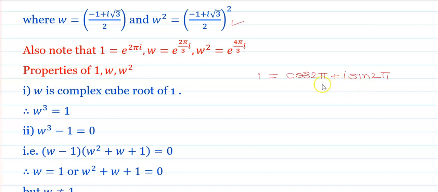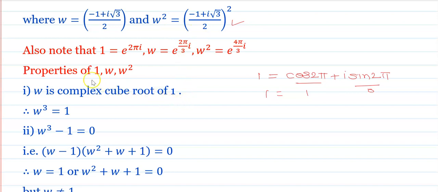The value of cos of 2 pi is 1 and sine of 2 pi is 0, and therefore 1 is equal to 1. Next, omega is equal to e raised to 2 pi by 3 i, and omega square is equal to e raised to 4 pi by 3 into i. If you simplify, you will get the whole terms like this.